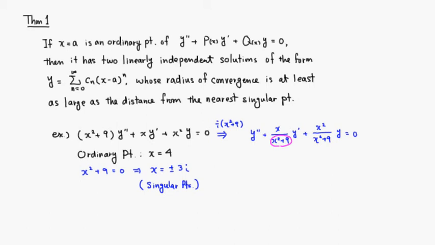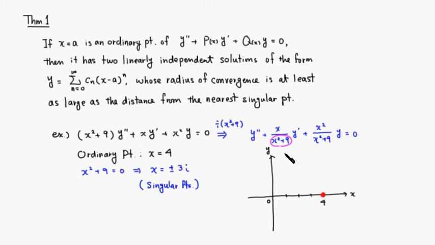So let's sketch this. Let's sketch the complex plane. So this is the x-axis, which represents the real component, and here is the y-axis, which represents the imaginary component. So the ordinary point is x equals 4, so it's going to be 1, 2, 3, 4. So we have an ordinary point right here.